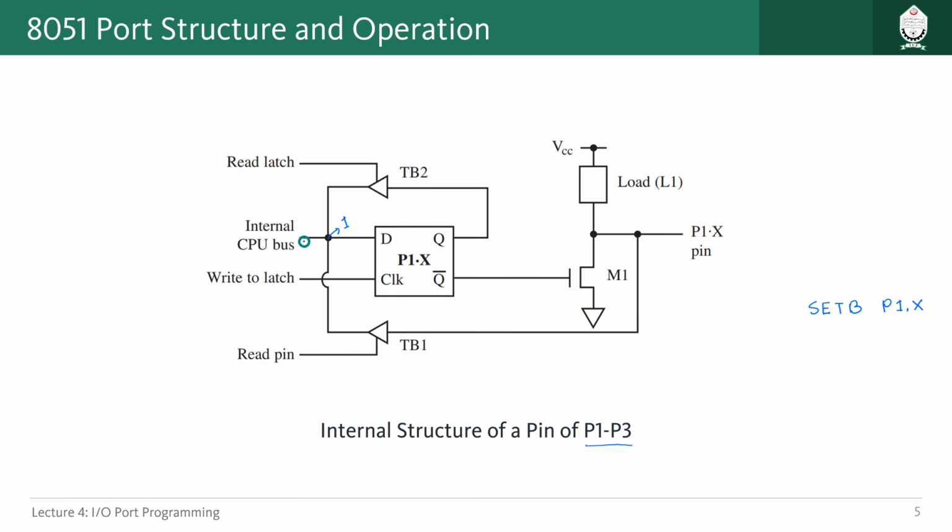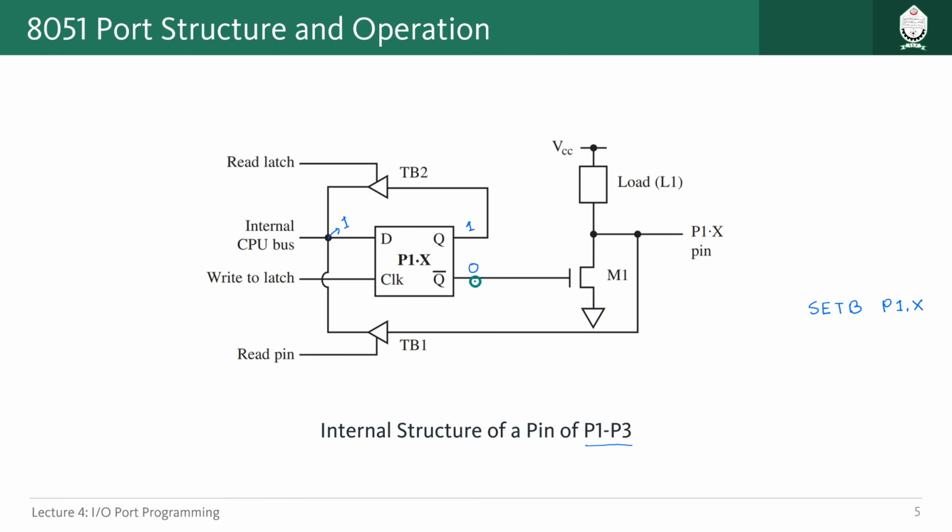If I give this command, we get 1 here from the internal CPU bus, and at the same time a latch signal comes at the clock, so the signal goes to Q. At the output we get 1, and if this is 1, Q bar should be 0.